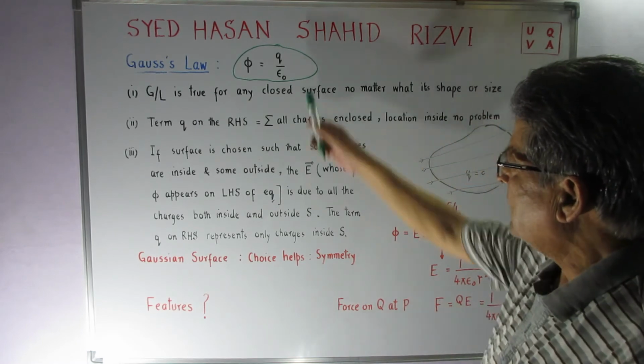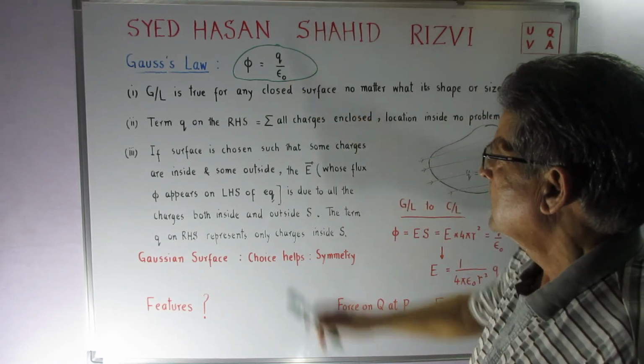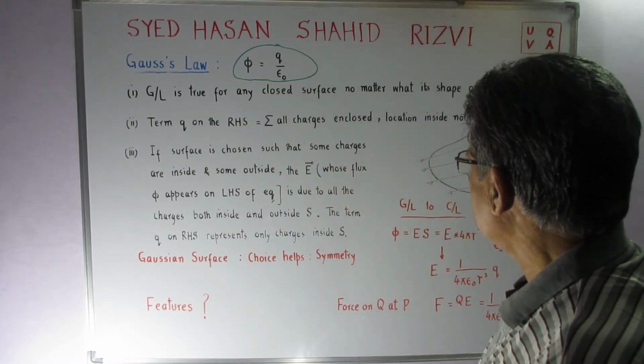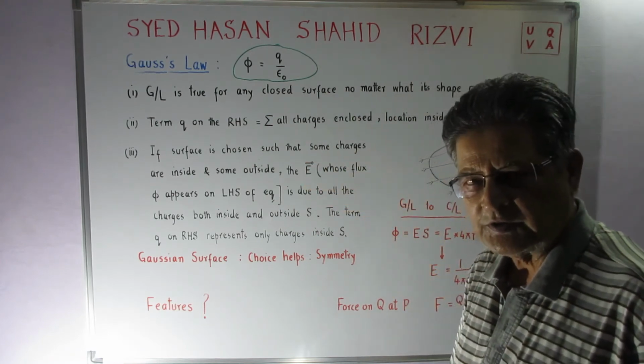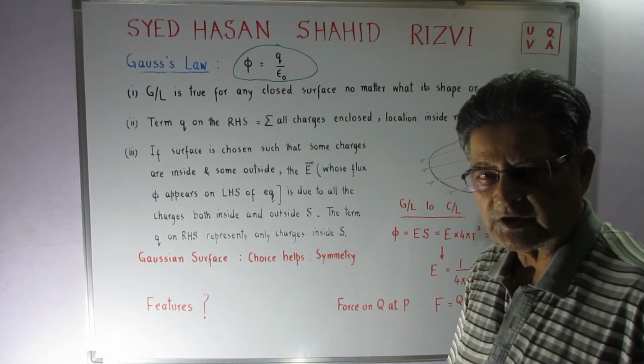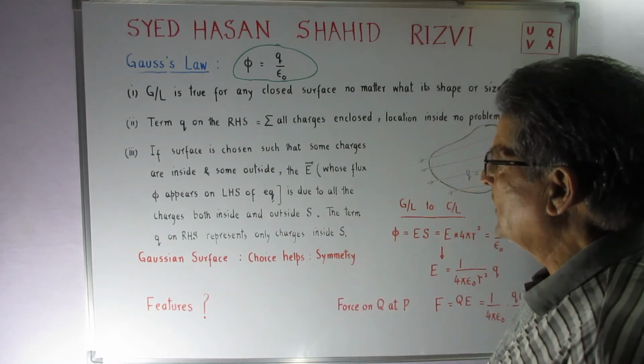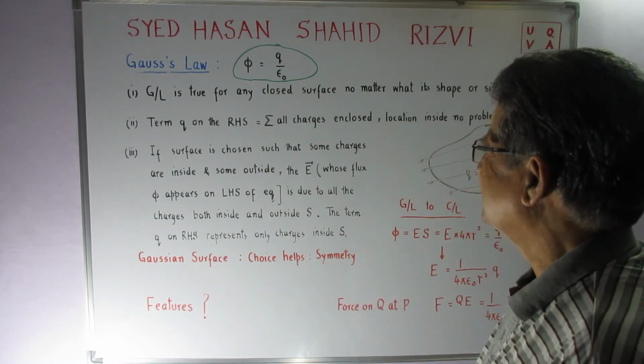The term Q on the right hand side is equal to the sum of all charges enclosed. Location inside doesn't matter. It doesn't matter where those charges are located. All charges can be positive and negative.